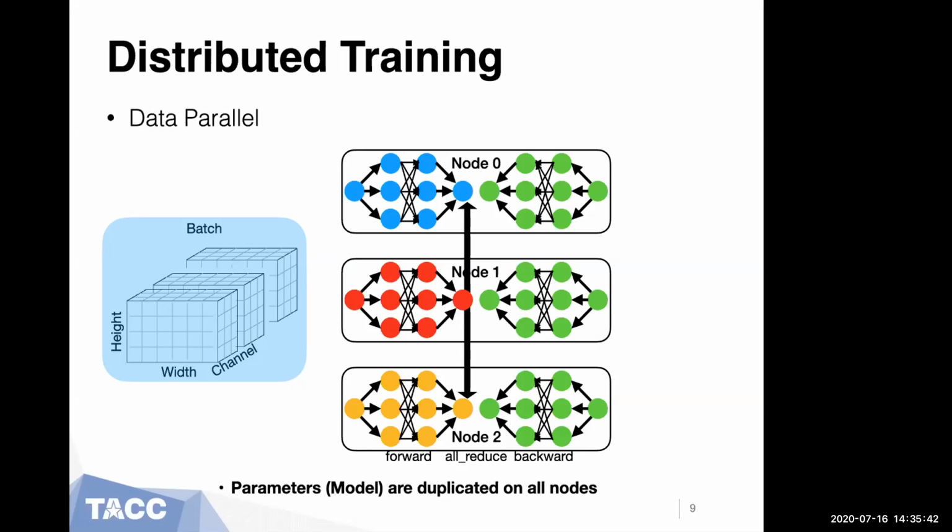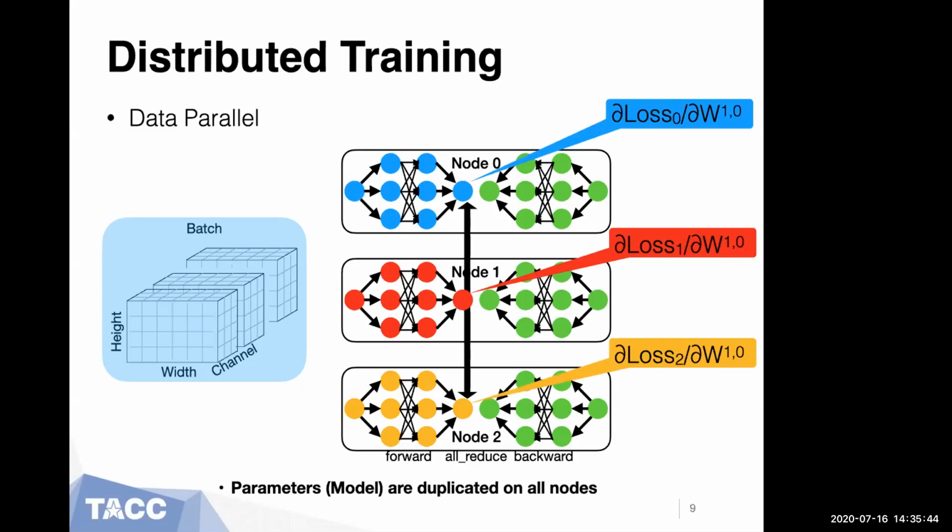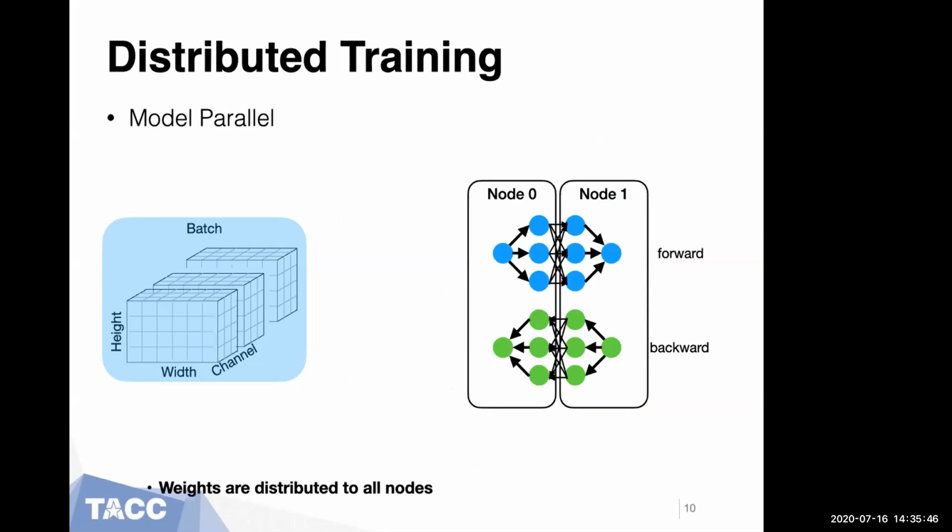The next thing I'm going to talk about is model parallel. Now we have two nodes. Let's say the model is very large, and it's really hard for us to host it on one node. So we partition the model and let each node hold half of the model.